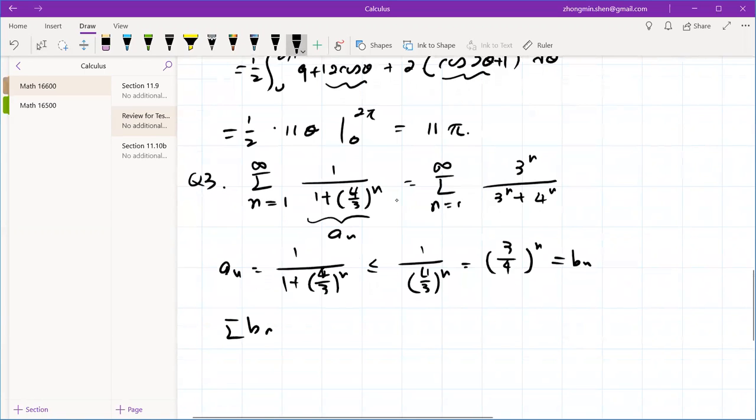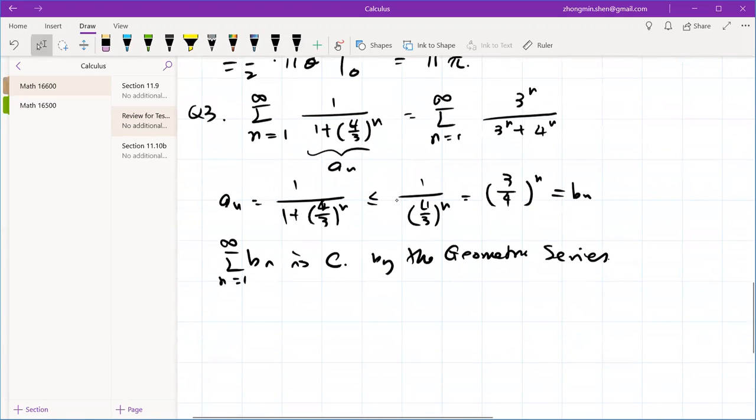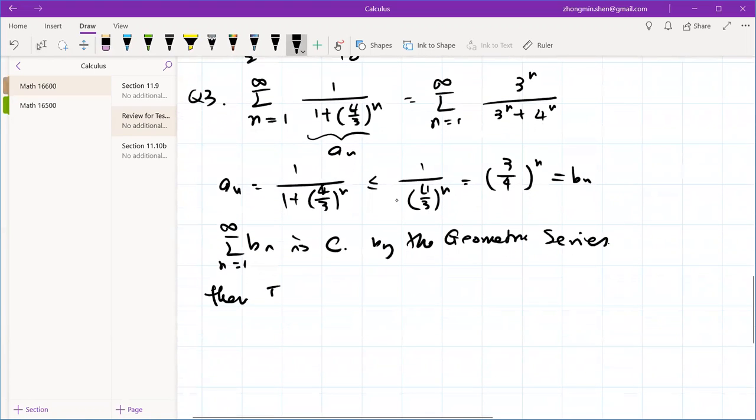So we know that this is convergent by the geometric series. Then this is convergent by the comparison test. So this is a complete solution.